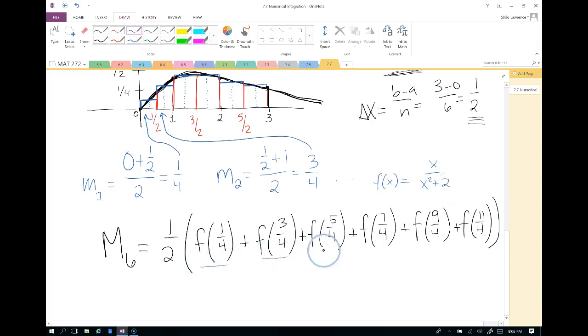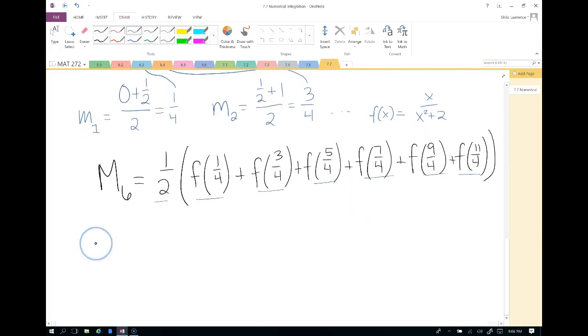So now we need to figure out all these function values and add them together and then multiply by 1/2. So let's take a second to do that. And this is not going to come out very pretty. So I'm going to go ahead and pause the video for just a second and plug some of these in.